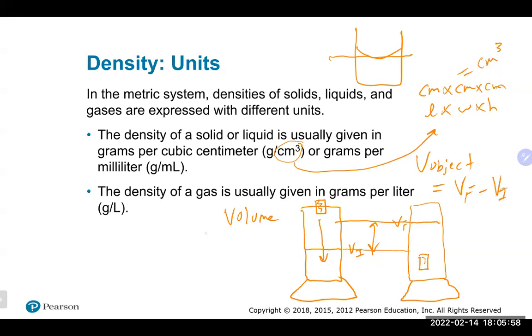This is what is sometimes referred to as volume by displacement. And that's a very, very common way that we can determine the volume of a solid object by simply dropping it into water, taking a couple of readings. So those are three very common ways, when you're calculating something like density, to get the volume of a liquid or a solid. Any questions on that there?